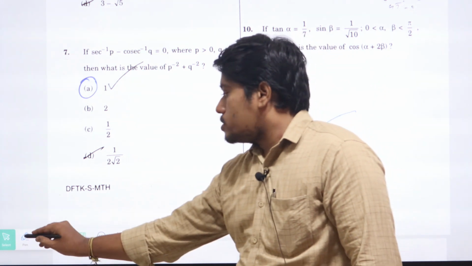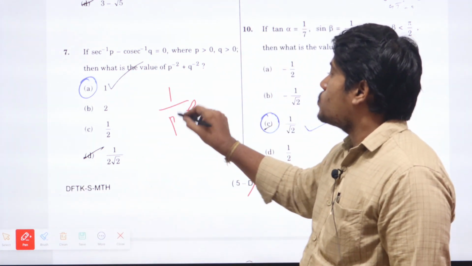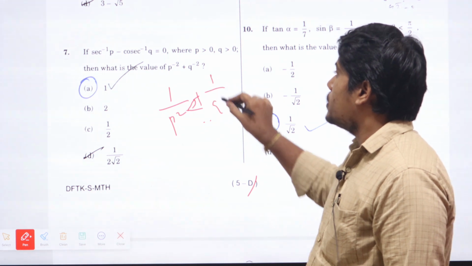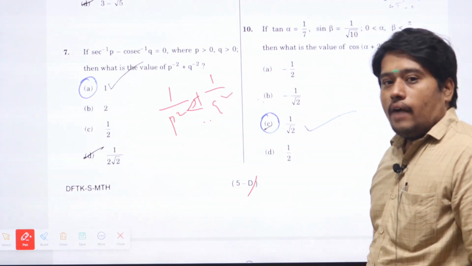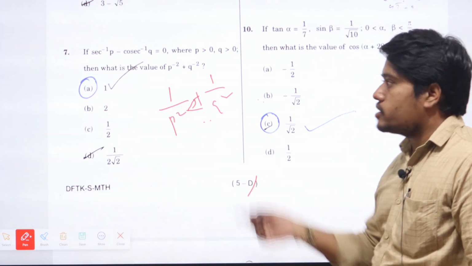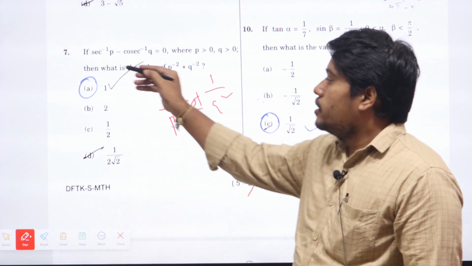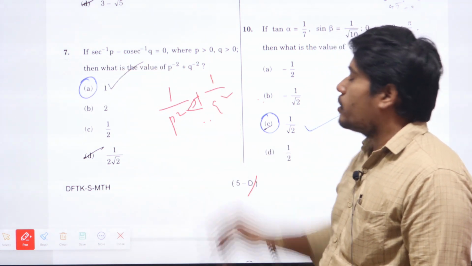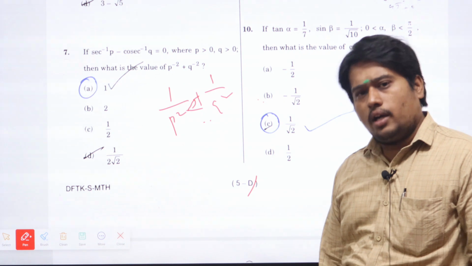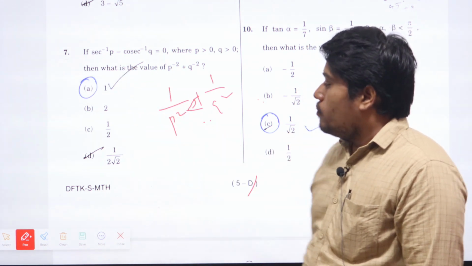First we change the expression: P power minus 2 is 1 divided by P square, plus 1 divided by Q square. After that you have to change secant inverse in terms of cos and cosecant inverse in terms of sine. So finally we get 1 divided by sine square theta plus cos square theta. Obviously it becomes 1. So the answer will be 1, option A.